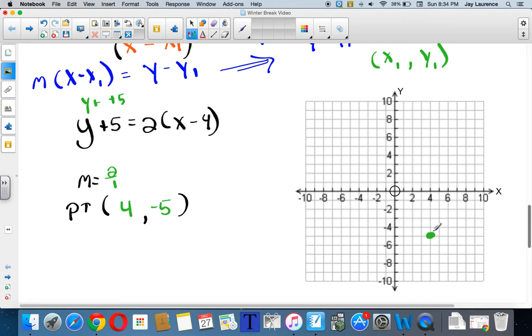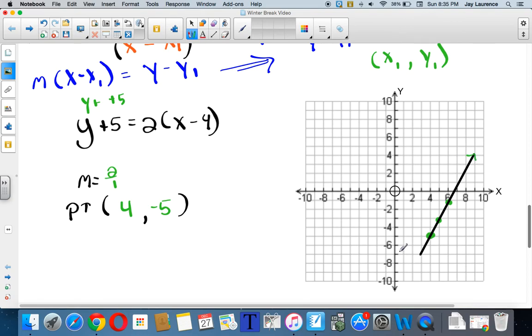And then I can rise 2 and run 1 and rise 2 and run 1. Instead of telling me the y-intercept, point-slope form tells me any point and then the slope. So I can do it just as easily as slope-intercept form. Yeah, so it's pretty neat if you think about it.